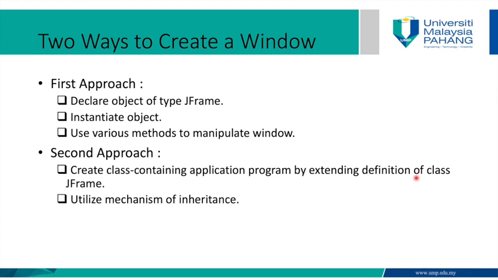So there are two ways to create a window. For the first approach, you first declare an object of the type JFrame, then instantiate the object, and then use various methods to manipulate the window. In the second approach, you create a class containing the application program by extending the definition of class JFrame and utilizing the mechanism of inheritance.